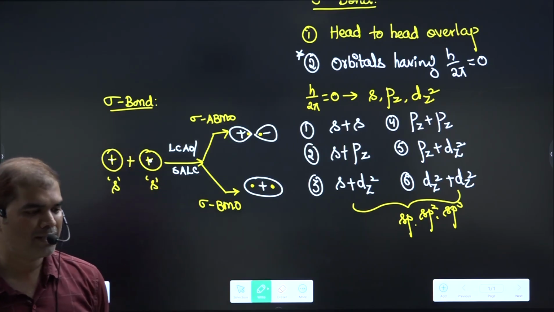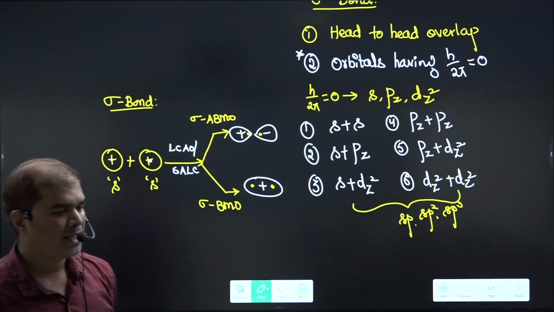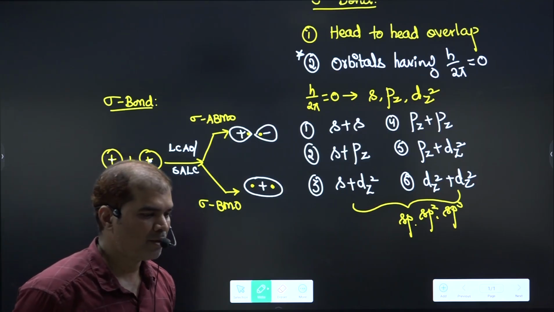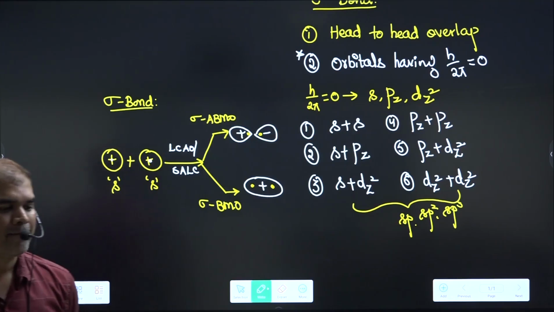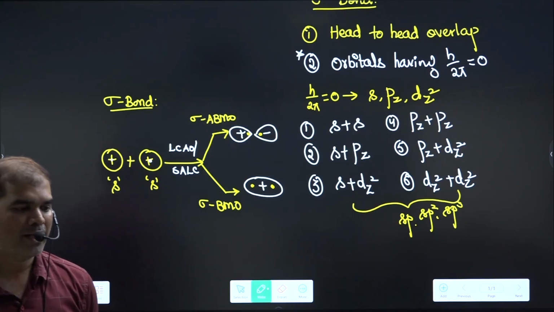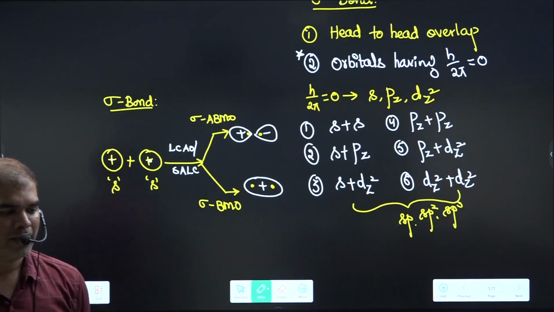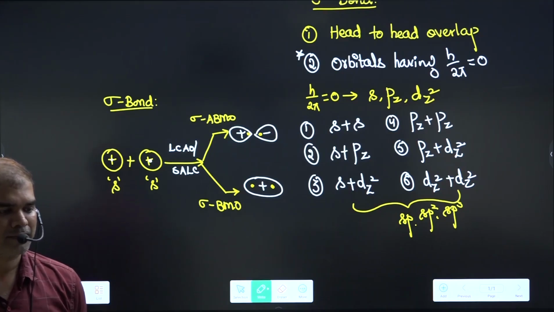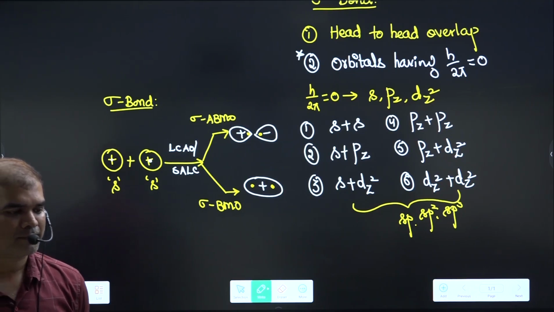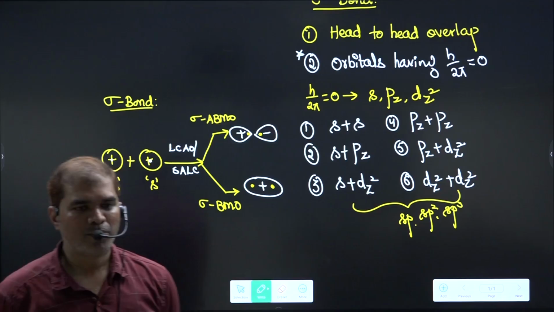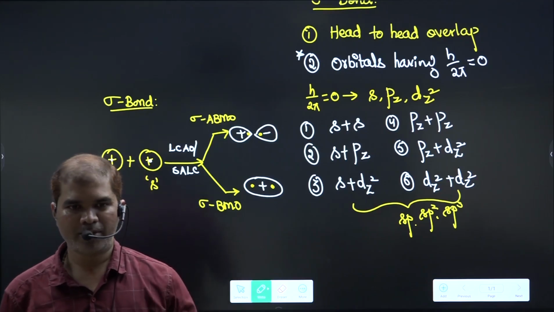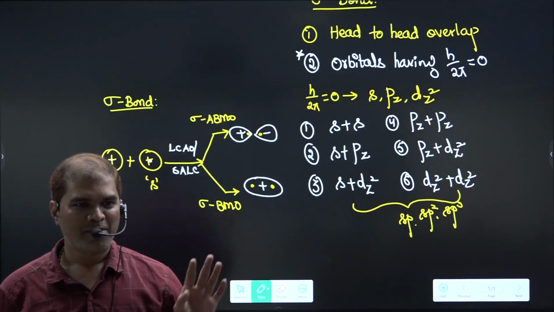Whenever they subtract, you get antibonding. Next, SALC. SALC, symmetry adopted linear combination. Now, from your quantum chemistry point of view, I'm not a physical chemistry lecturer right now, right?